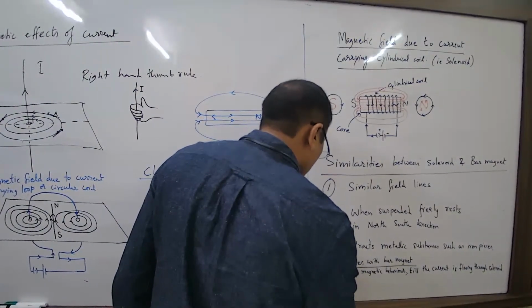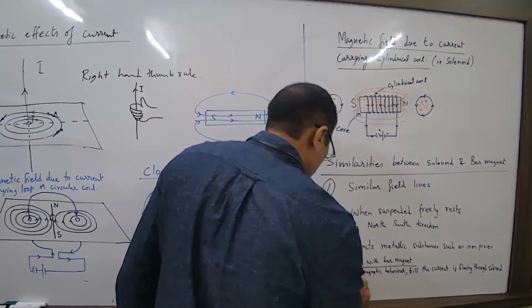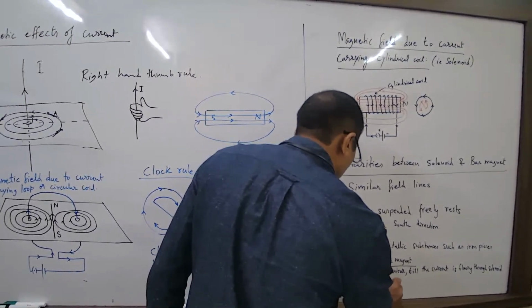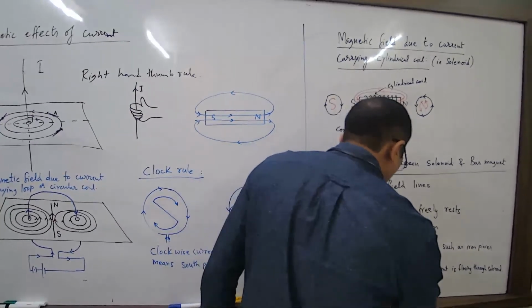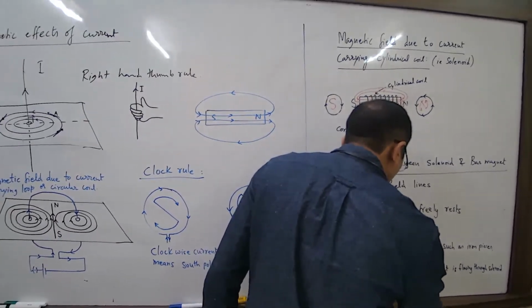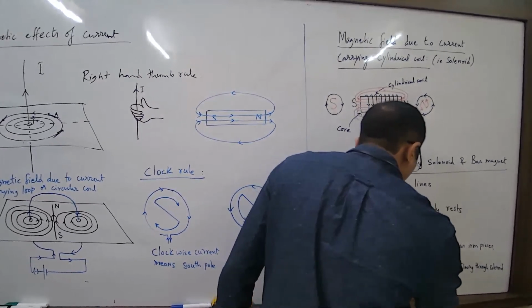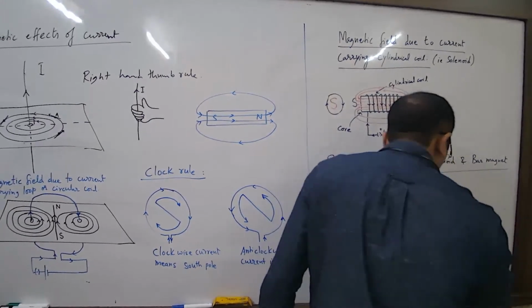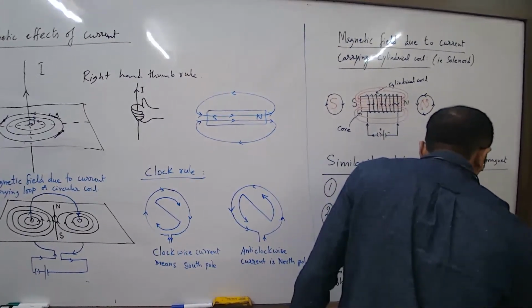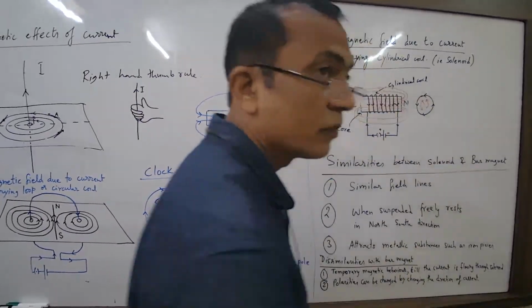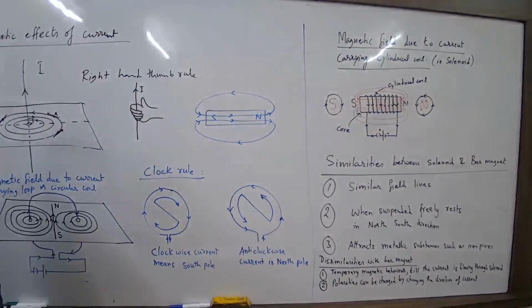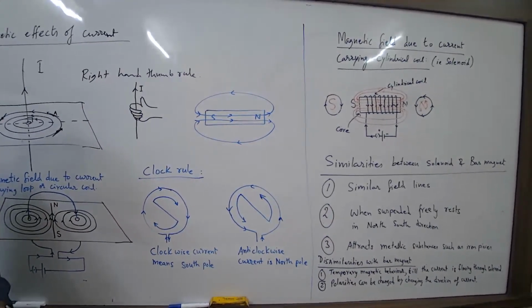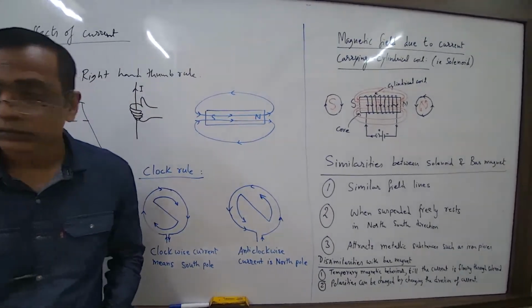Polarities can be changed by changing the direction of current. Okay.